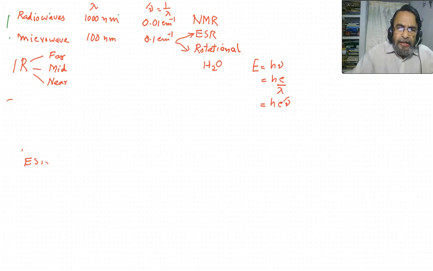The far infrared region is of the order of 10 inverse centimeter, and mid infrared is of the order of 200 inverse centimeter. Near infrared is of the order of 4,000 inverse centimeter.